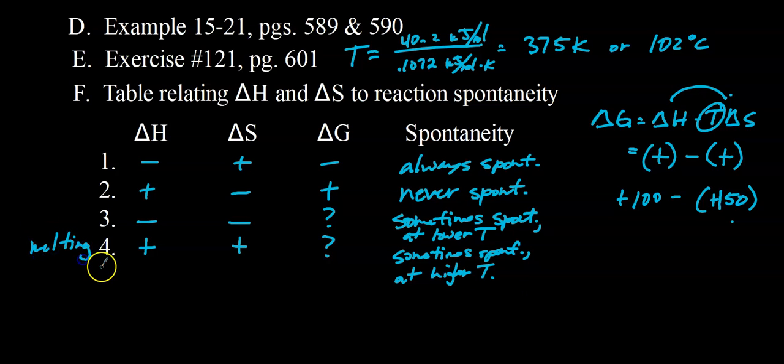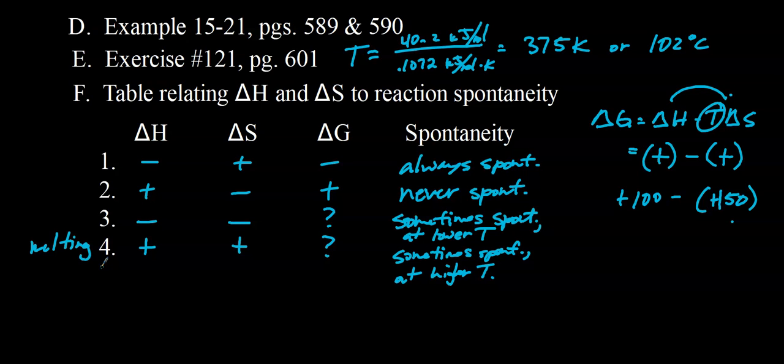So the question is, does ice melt spontaneously? Will ice melt all by itself? If you said yes, then I'm going to say, really? So ice inside your freezer melts all by itself? No. If you said no, I'm going to say, really? If you take ice and put it on the counter, it does not just turn into liquid all by itself? It does.